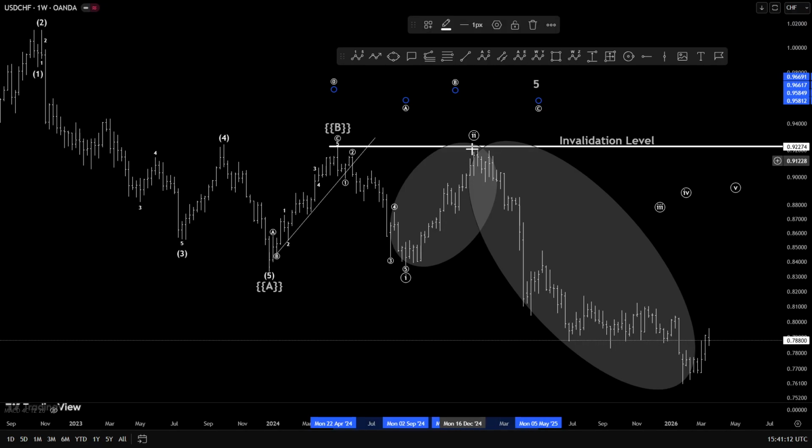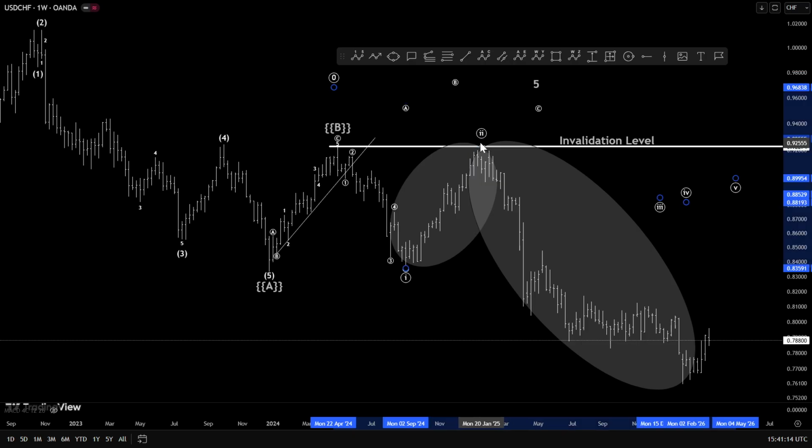5 for wave C. And this is a corrective structure. The corrective structure is labeled WXYXZ.